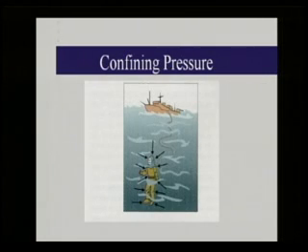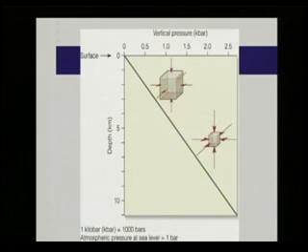For example, if you were a scuba diver deep in the ocean, you will feel pressure in all directions. This is confining pressure. The deeper you go, or the more water over you, and in the case of rocks, the more rock over you, the more pressure you will feel.